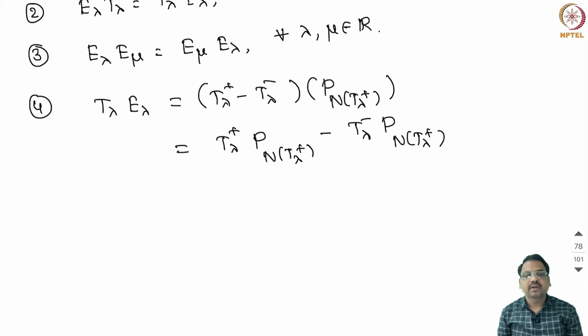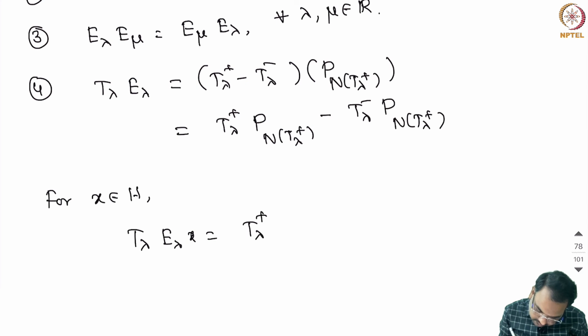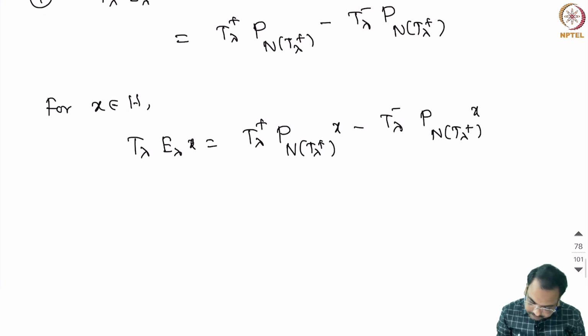Now whenever we take x in the null space of T_λ^+, the first element will be T_λ^+ on x. So for x in H, T_λ E_λ x is T_λ^+ P x minus T_λ^- P x, with P the projection onto the null space of T_λ^+.